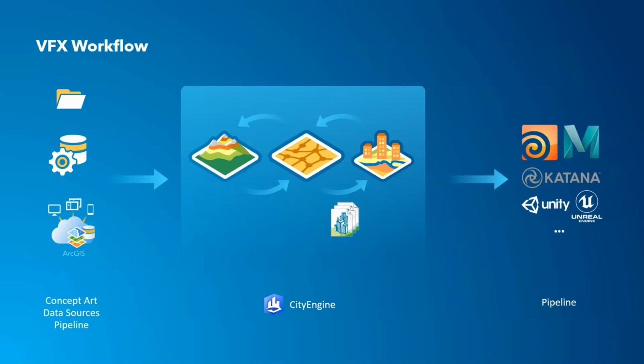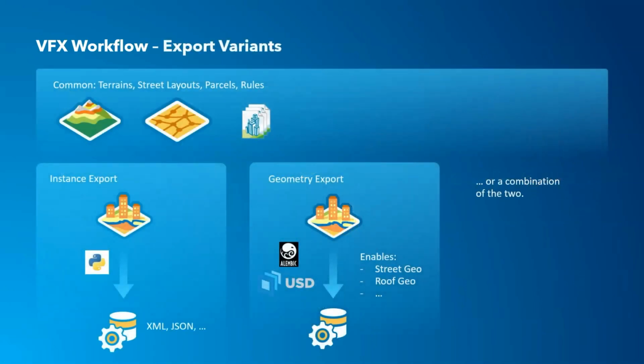So if you change the terrain here, you can choose that your streets will automatically adapt to the changed terrain, and therefore also your buildings will adapt to the changed streets. I will show you that in the second part. And then you can export to whatever pipeline tool you need. We see 2 basic workflows in our customer base to deal with CityEngine generated environments.